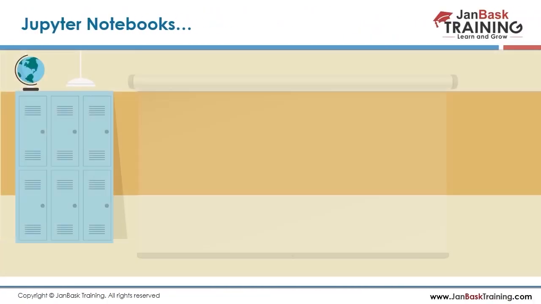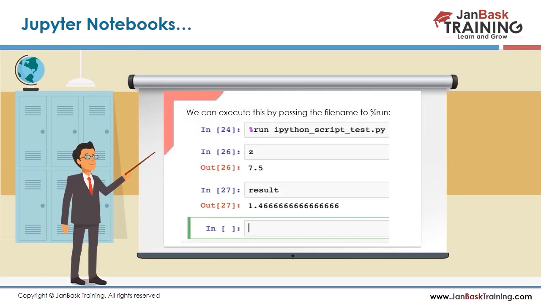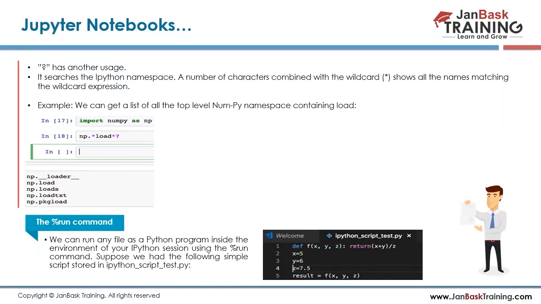Once you put percentage run IPython script test, this is the name of the file, .py, it will run the file. The result you get, because there are three numbers we have passed, x, y and z. Here you see x is 5, y is 6 and z is 7.5.